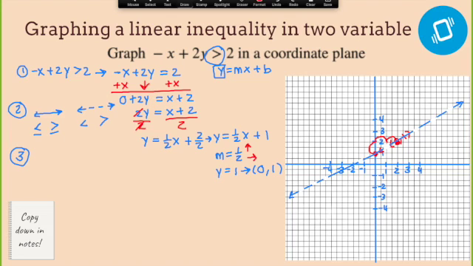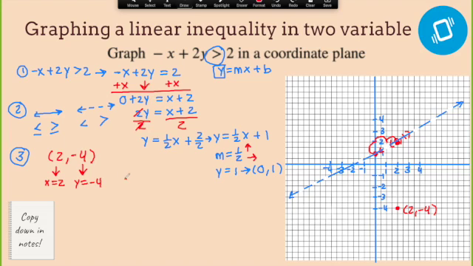So right here, I'll try out 2 comma negative 4 and see if that works. 2 is my x value, negative 4 is my y value, and I want to see if this is a solution to the inequality statement.